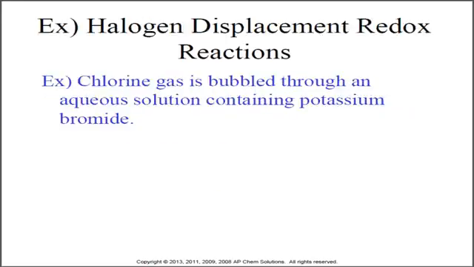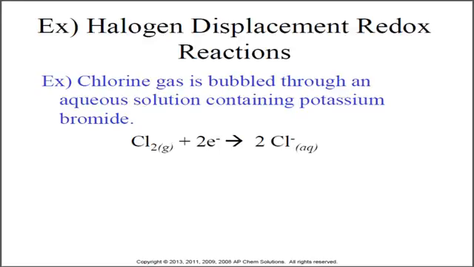So here's our example. Chlorine gas is bubbled through an aqueous solution containing potassium bromide. We're not going to include potassium because it's a group 1A metal. It's soluble with everything, so it is not going to react with the chlorine in solution. You would only get solid potassium chloride if the reaction was not in, say, water, a polar solvent.